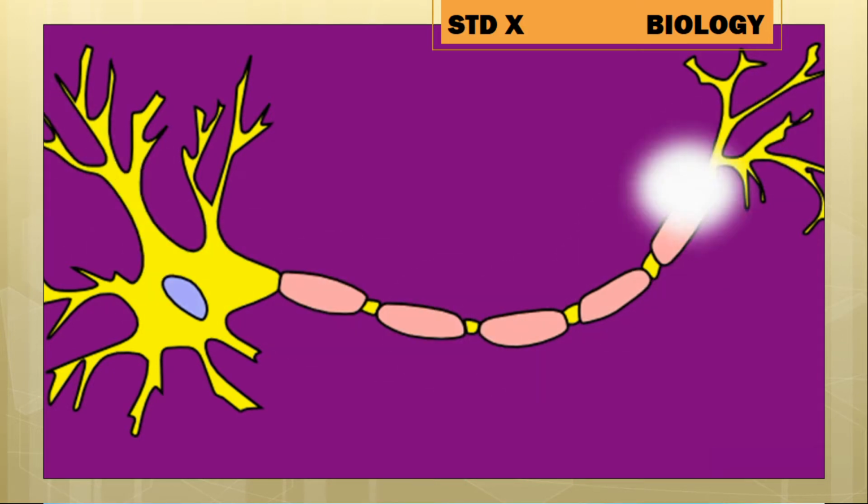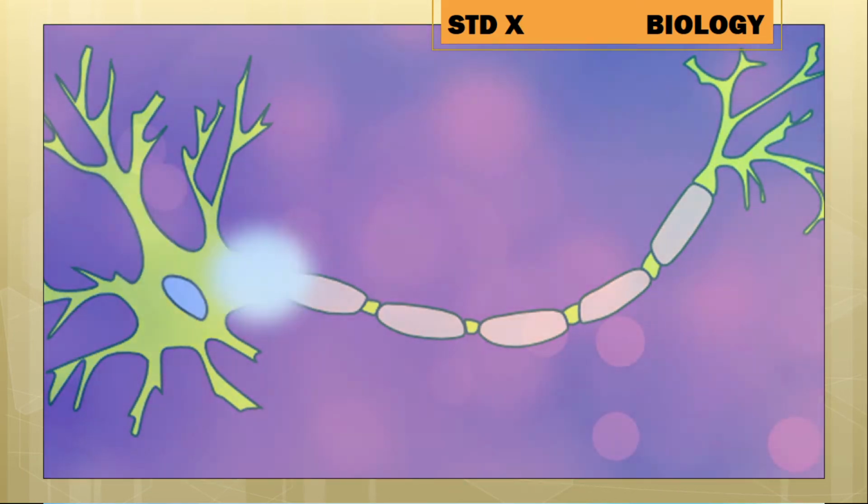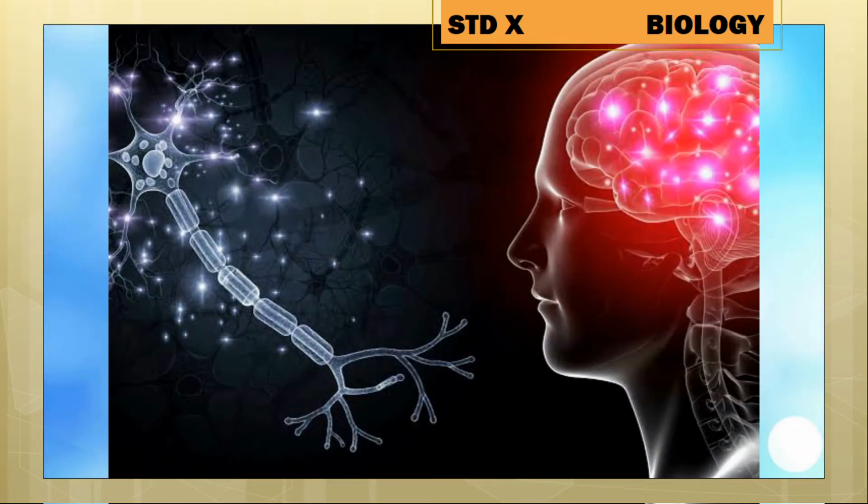Nerve impulses are messages transmitted through the neuron. Impulses generated in the receptor cell reach the brain. The brain analyzes it and gives direction for proper response.